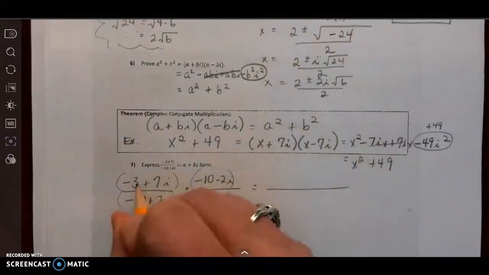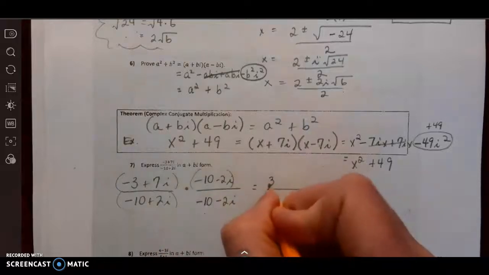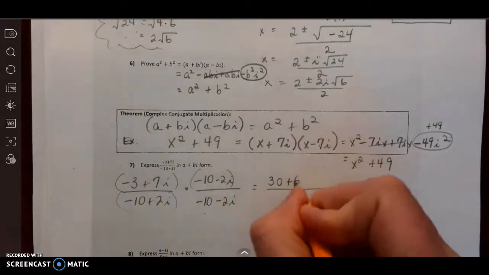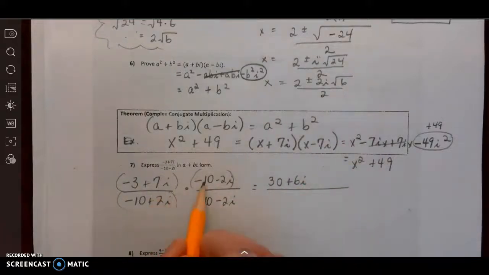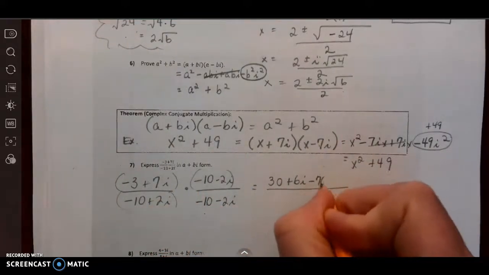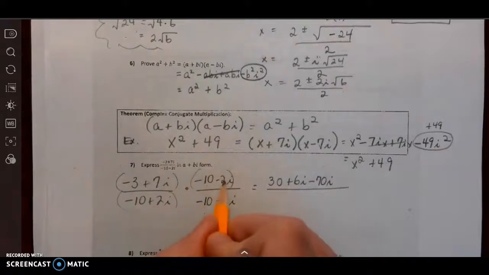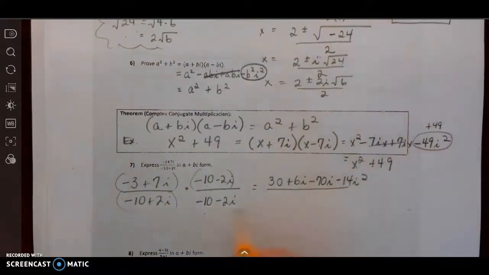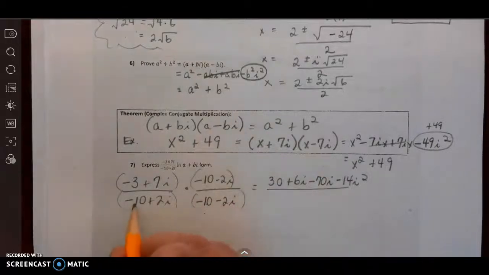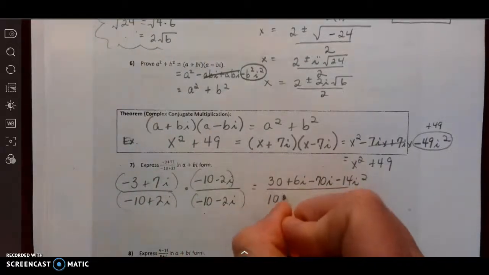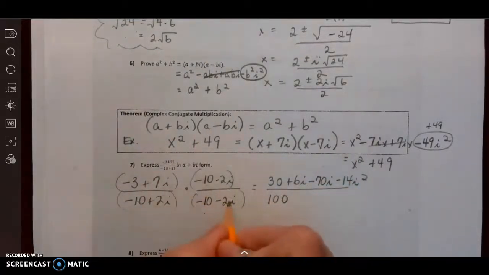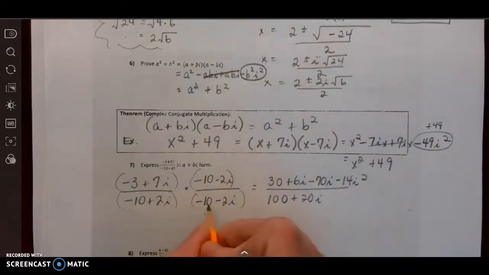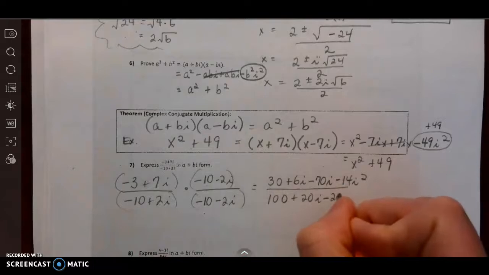On the top, negative 3 times negative 10 is positive 30. Negative 3 times negative 2i is positive 6i. 7i times negative 10, negative 70i. 7i times negative 2i is negative 14i squared. In the denominator, negative 10 times negative 10 is 100. Negative 10 times negative 2i is positive 20i. 2i times negative 10 is negative 20i.